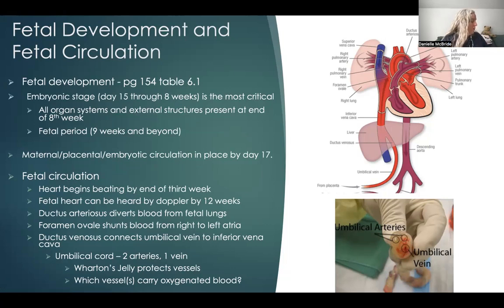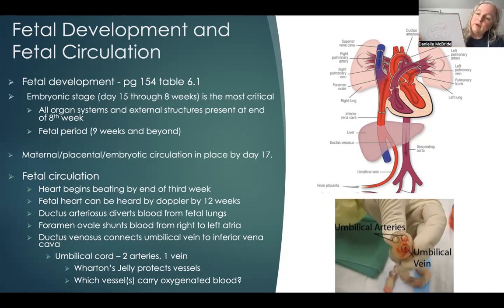And so the umbilical cord has 3 vessels in it. 2 of them are little and 1 of them is bigger. All right. And these little ones are arteries. And this big one is a vein.